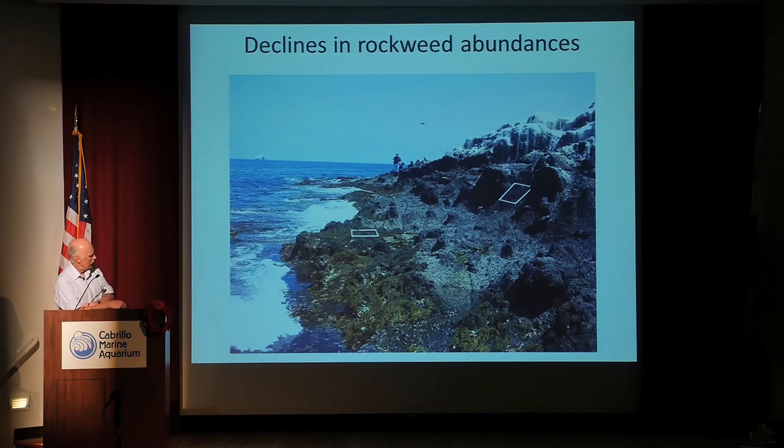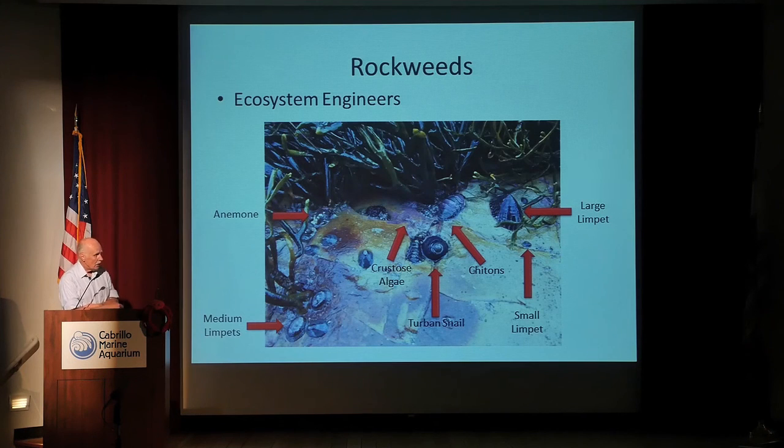So rockweed are these large fleshy algae, and they occur in the mid-intertidal, like in areas like this. They're really important. They're what we call ecosystem engineers in the sense that they are providing a habitat for many, many other species. I talked about how in the intertidal it's a very stressful environment, and it can be dry and hot.